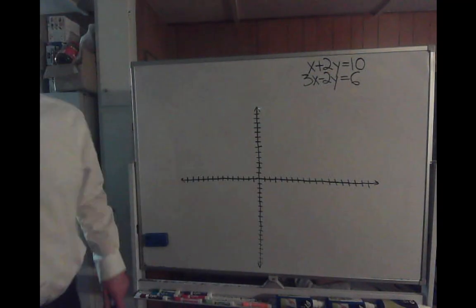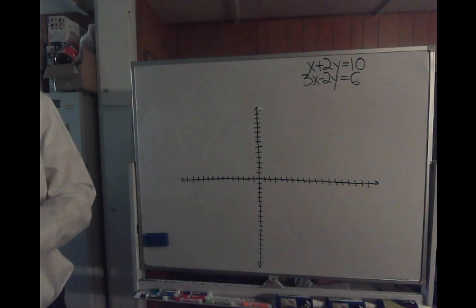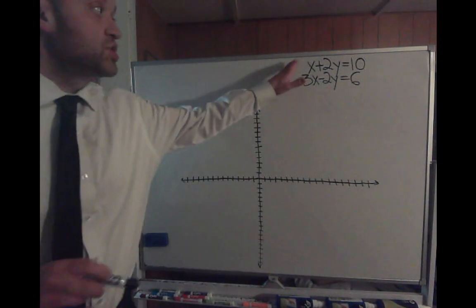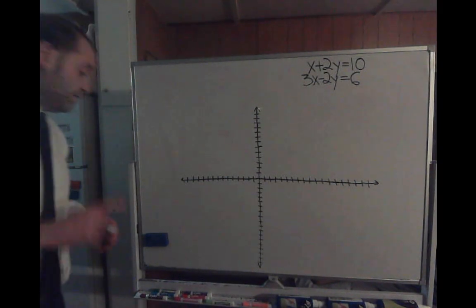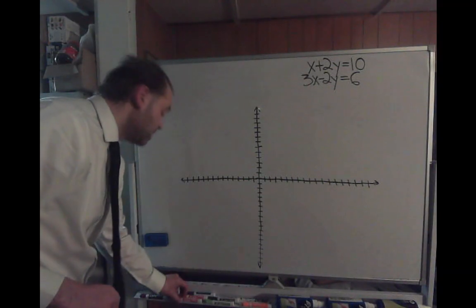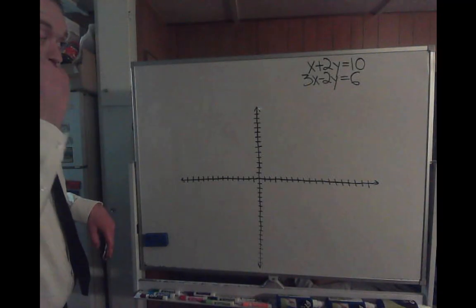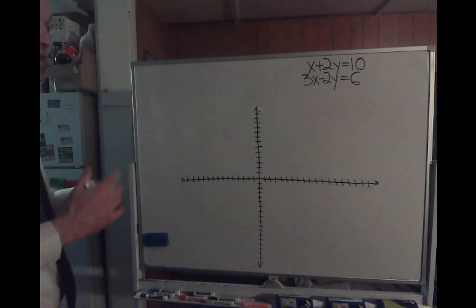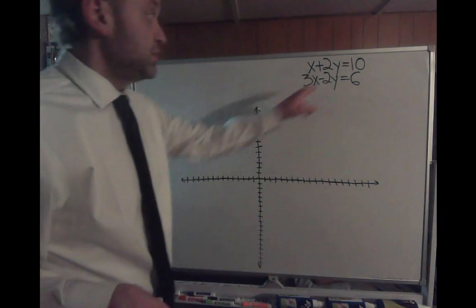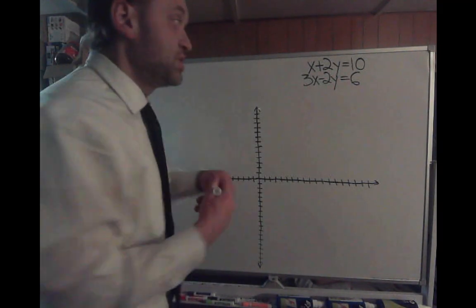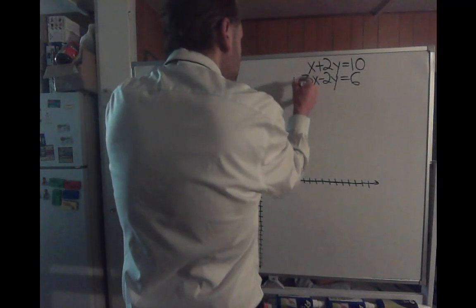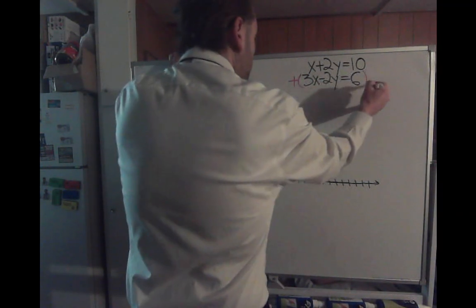So we got both of those lines, 3x minus 2y equals 6 and x plus 2y equals 10. First thing I would do, go ahead, solve the system of equations, and then figure out what is your point of intersection. Well, you have a plus 2y and a minus 2y, so if you add these two equations together, you can get rid of the y again.